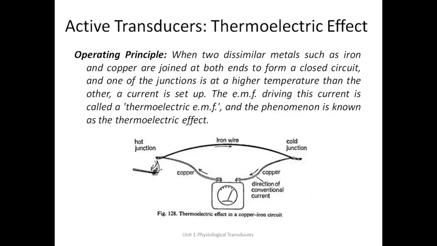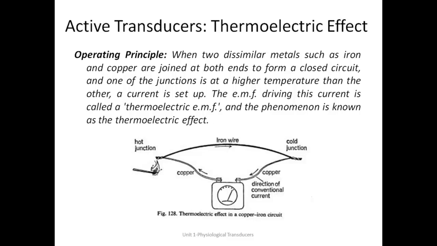Then we have the thermoelectric effect. That is basically heat giving rise to electrical energy. So when two dissimilar metals such as iron and copper are joined at both ends to form a closed circuit, and one of the junctions is at a higher temperature than the other, a current is set up. The EMF driving this current is known as thermoelectric EMF, and the phenomenon is called the thermoelectric effect.